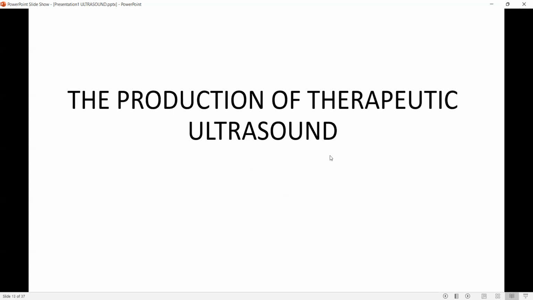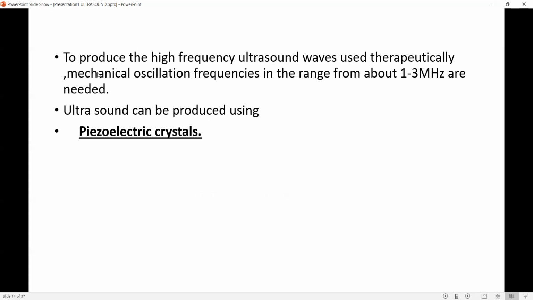The production of therapeutic ultrasound. For the production of high frequency ultrasound waves used therapeutically, mechanical oscillation frequencies in the range of about 1 to 3 MHz are needed.